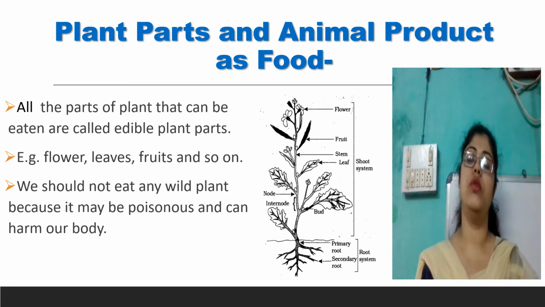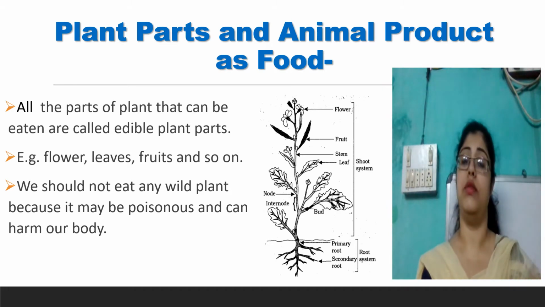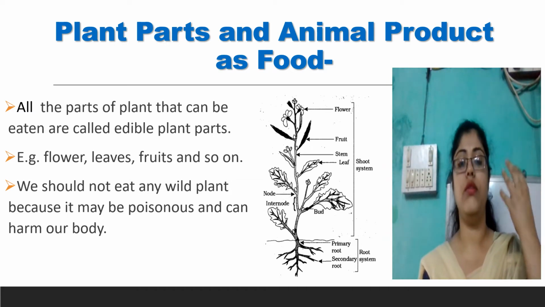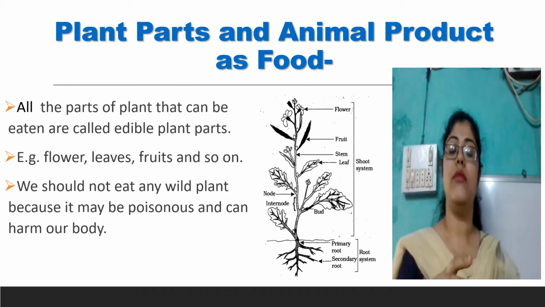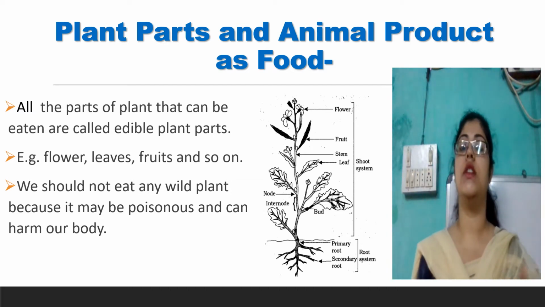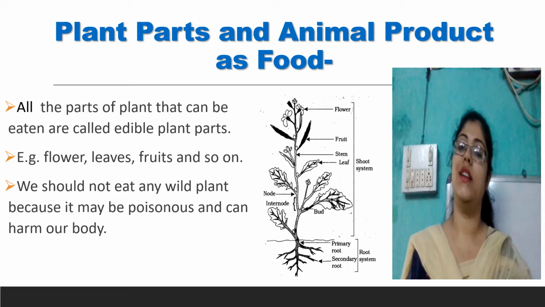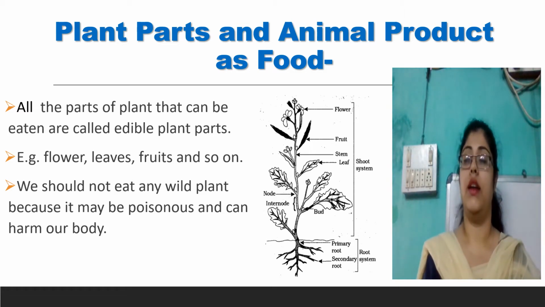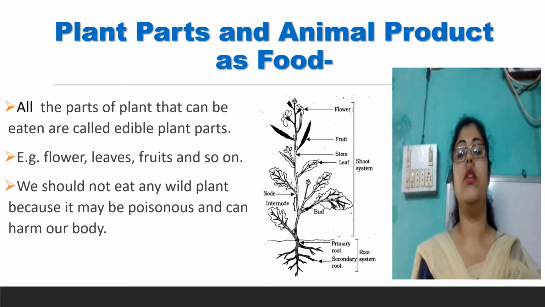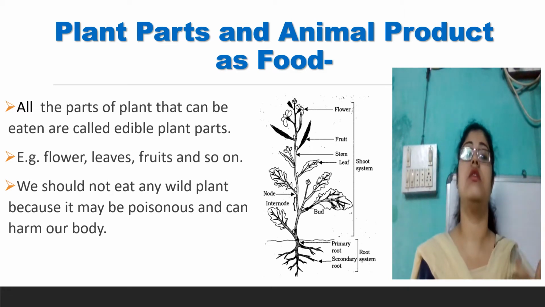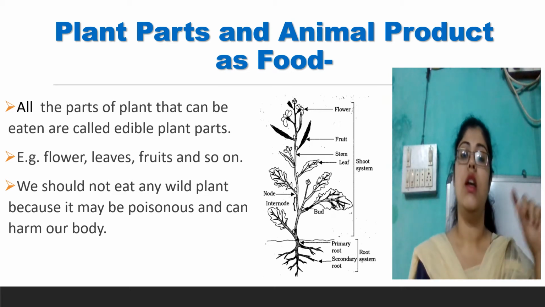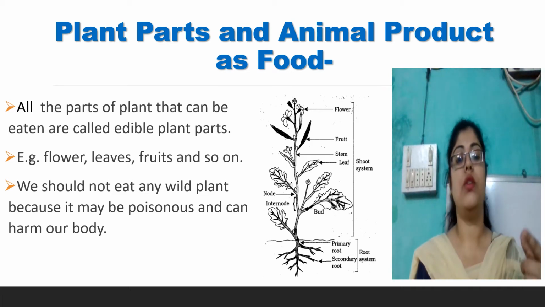Many of you might not have eaten it, so just do one thing: take a flower of pumpkin, dip it in gram flour or besan, mix it with salt and then fry it in oil. After taking this, you will get a very great taste of flower pakoda. So you can try it.